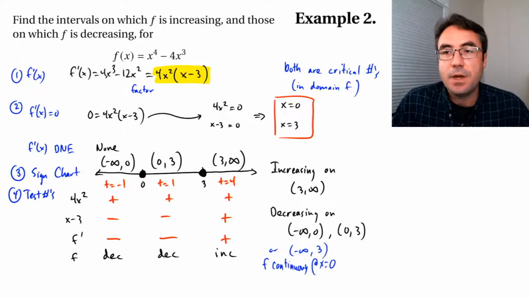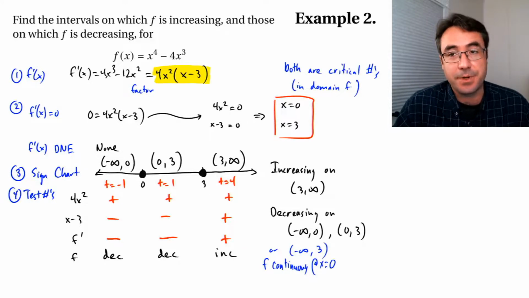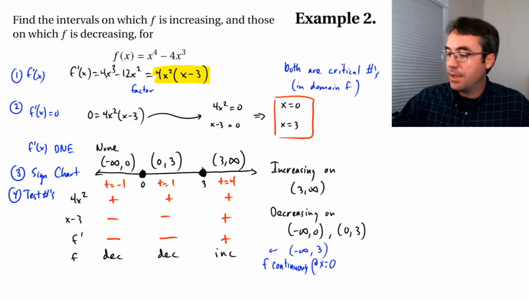So because those intervals are right next to each other and the function is continuous at 0, we can say that just overall f is decreasing on that interval from minus infinity to 3. All right.